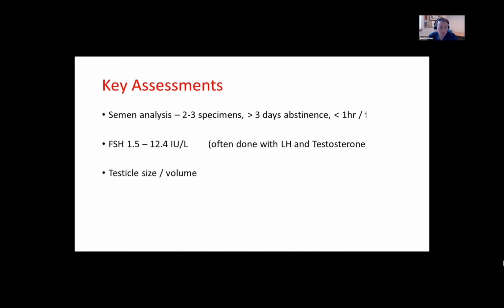Follicle stimulating hormone drives sperm production in the testes, and therefore needs to be in the normal range. If the FSH is low, then that will drive less sperm production. And if it's very high, then it indicates that there is a problem with sperm production down in the testes, and that then tends to direct us towards a potential diagnosis of testicular failure.